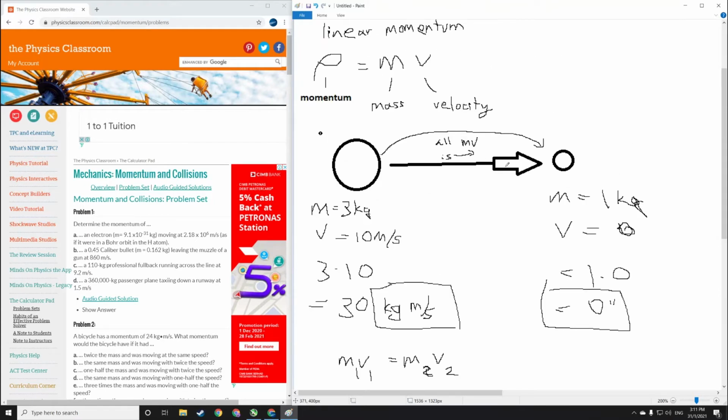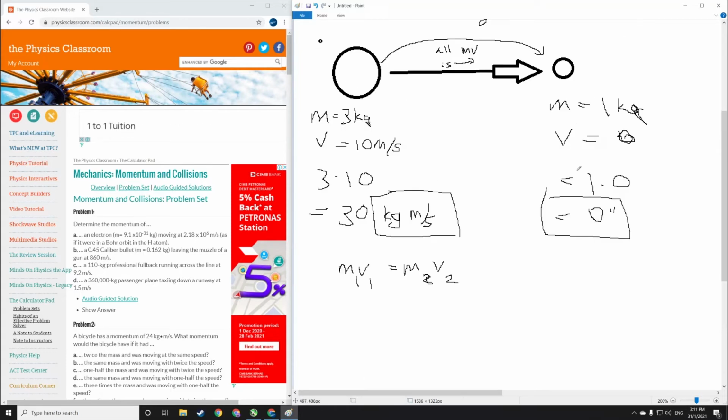And then the question says, find the velocity, okay? So the momentum from this one goes all the way to this one, and now we want to find the velocity of this tiny little ball. So we know now that the momentum in this system is 30 kilogram meters per second, okay?